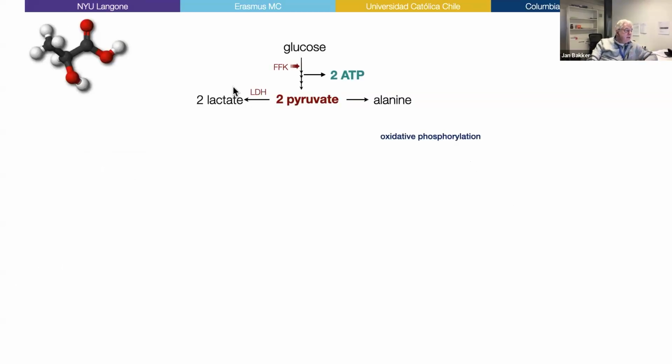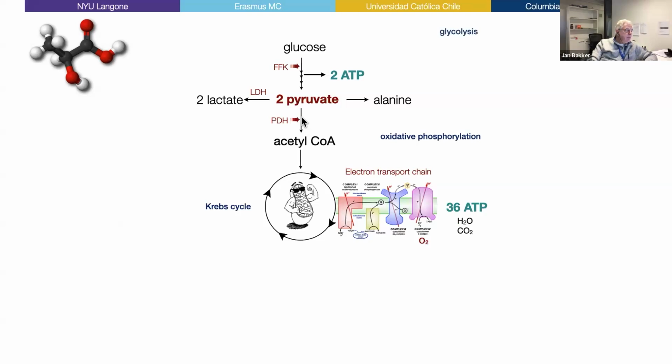So this is the start, and if you increase glycolysis, you will start producing lactate, because this enzyme, pyruvate dehydrogenase, is a rate-limiting enzyme, and so this is way slower than this.